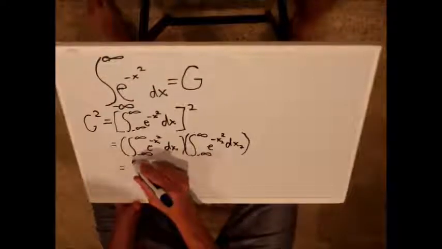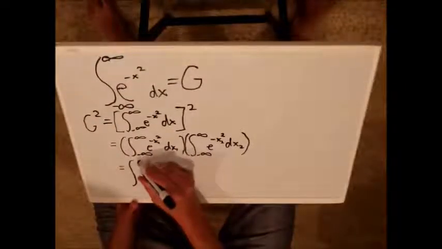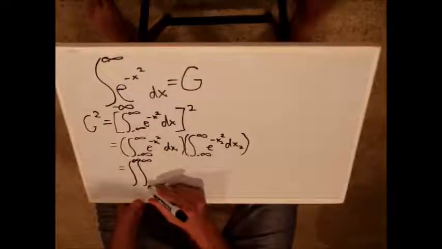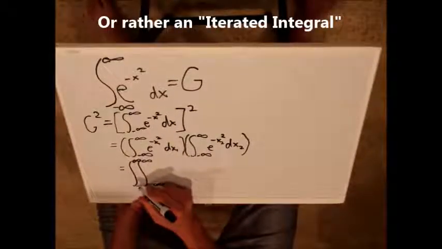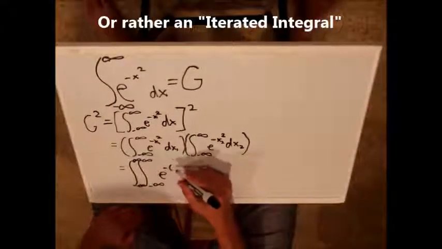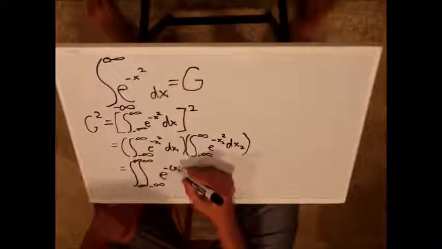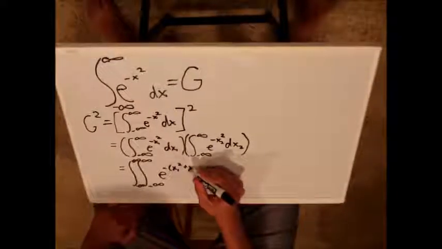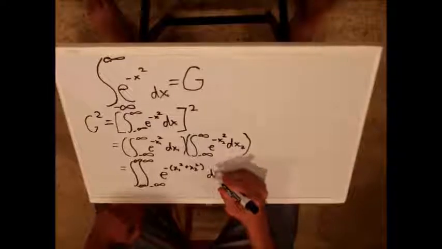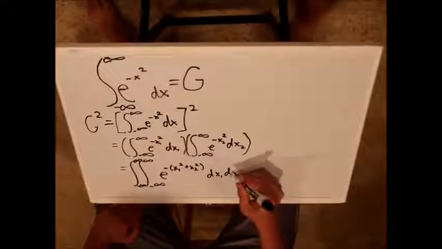Okay, so here we get to see what's really going on. We can then turn this into a double integral of e to the negative x1 squared plus x2 squared, dx1 dx2.